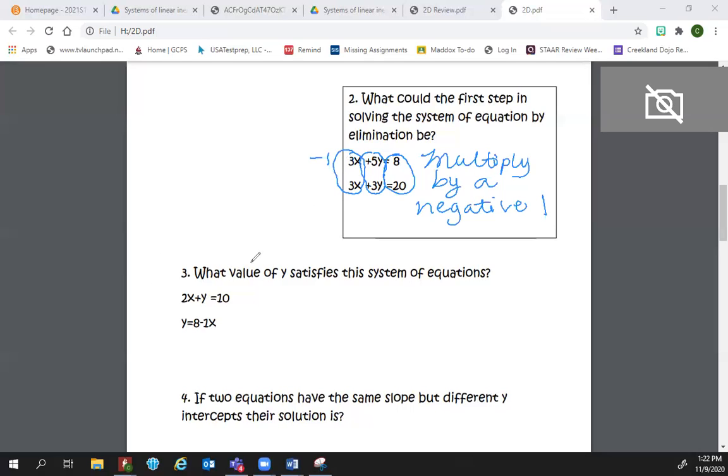All right. What value of y? You notice how most solutions for systems, we have to get the x and the y, yes? What's it asking us for? What value of y satisfies the systems of equation? We just want y, right? So is this set up the way I like?